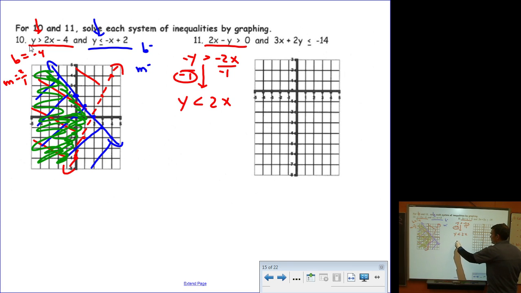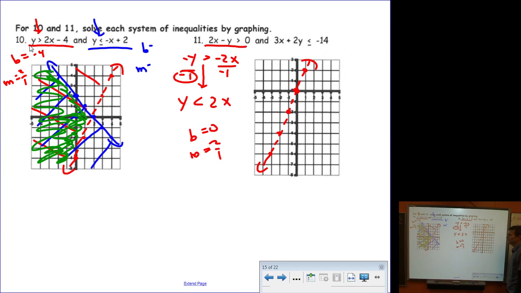So this has a y-intercept of 0 and a slope of 2. You'd put a dot at 0 and go up 2, right 1, or down 2, left 1, down 2, left 1. It would be a dashed line because it's not or equal to. And because it is less than, I'm going to shade under the line, which would be this side.